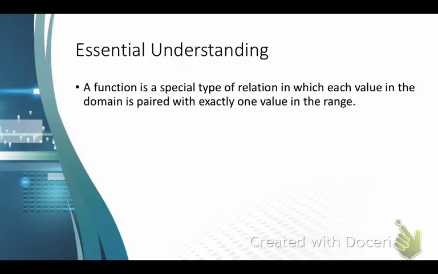Today in our lesson, you are going to see multiple ways to show and prove that a relation is a function. So in order for it to be a function, the domain is paired with exactly one range. The input gives one exact output.